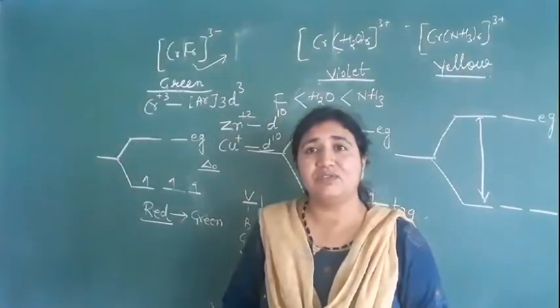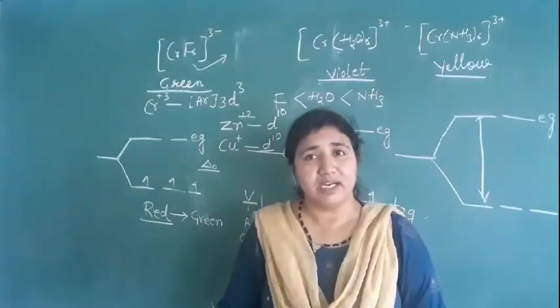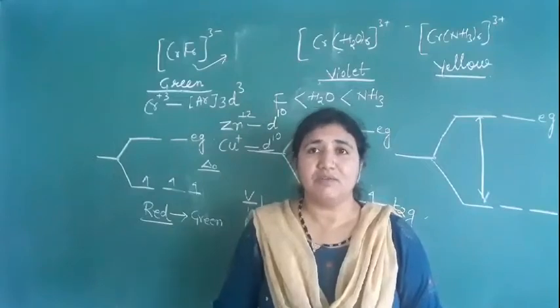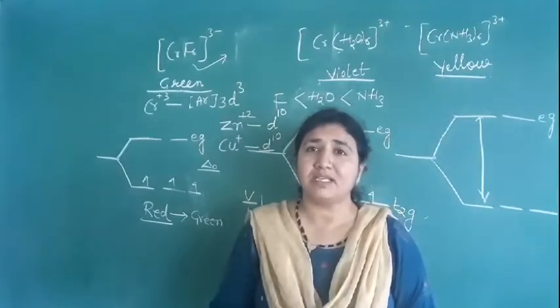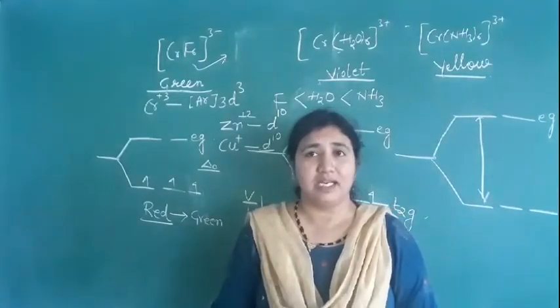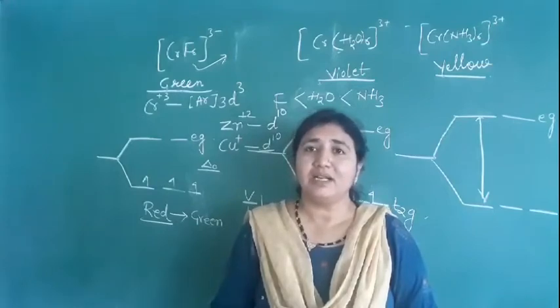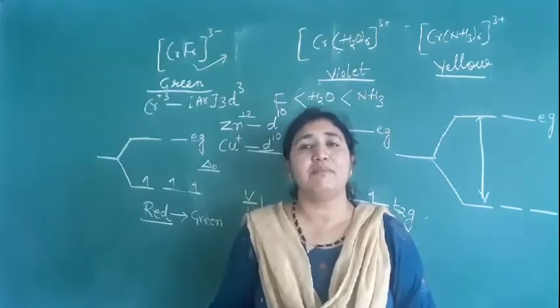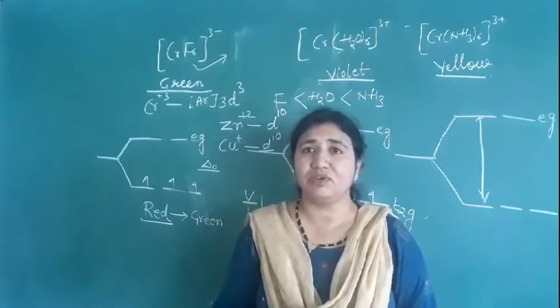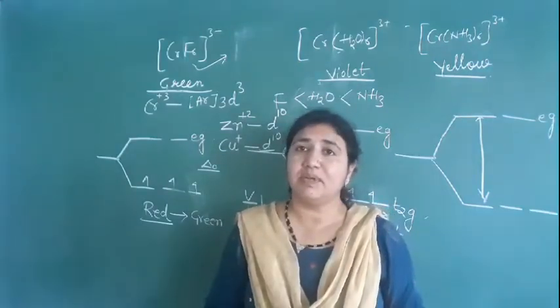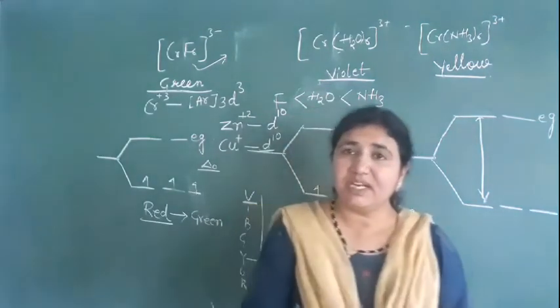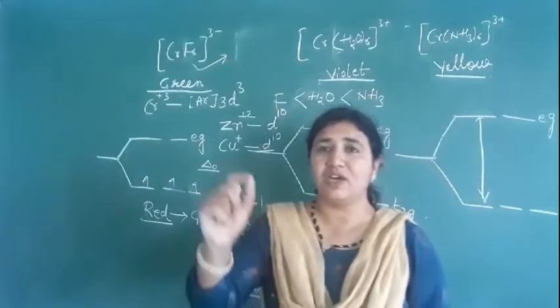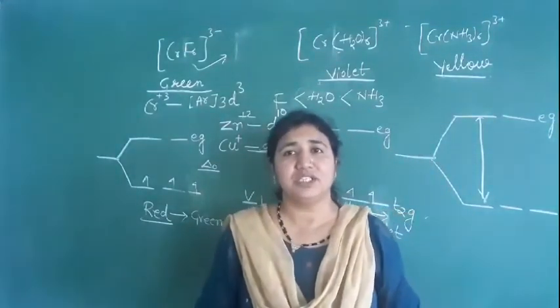That's why the compound will be colorless. So for color formation, the complex compound should have ligands, and the metal atom should compulsorily contain an unpaired electron. Then only they will show colors, and these colors depend on the crystal field splitting value. If the value is high or low, the color changes.